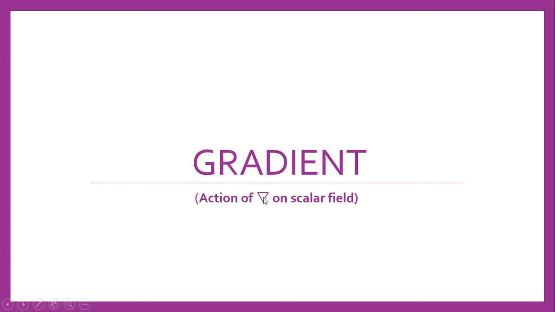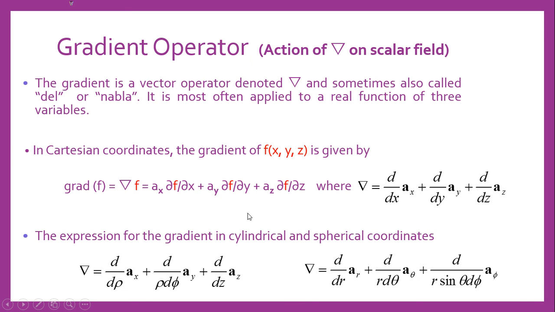Here the vector used is the del vector, and the scalar can be any scalar field, but the vector is only one vector, that is the del vector. So what is del? Del is a vector operator denoted by the inverted triangle, commonly called del or nabla.